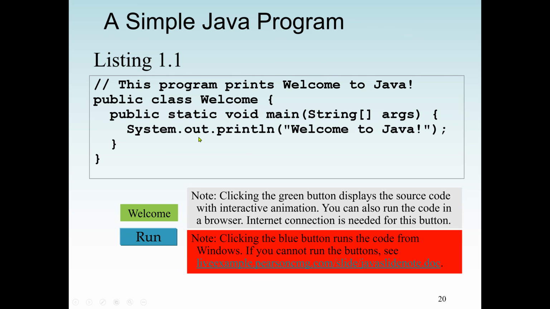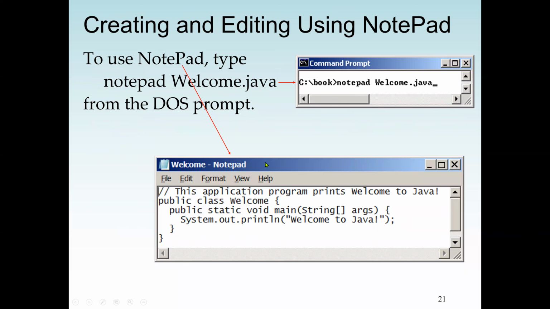Again, system.out.println is to print something on a black screen. This is a console application. If we are using Notepad, we enter our source file, then save it, making sure the extension is .java, so welcome.java. Then we have to locate the directory where we saved it.